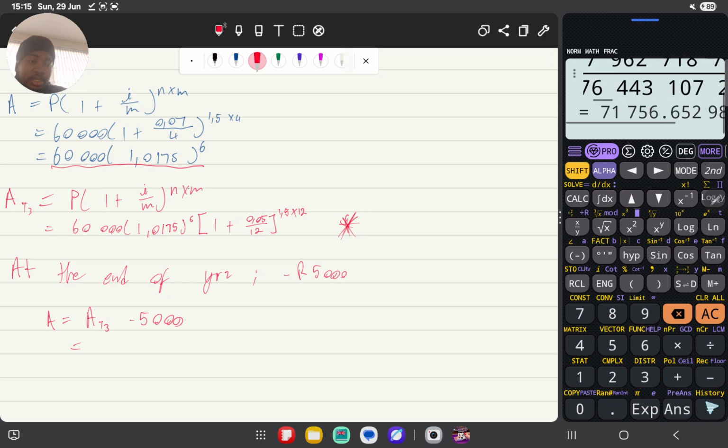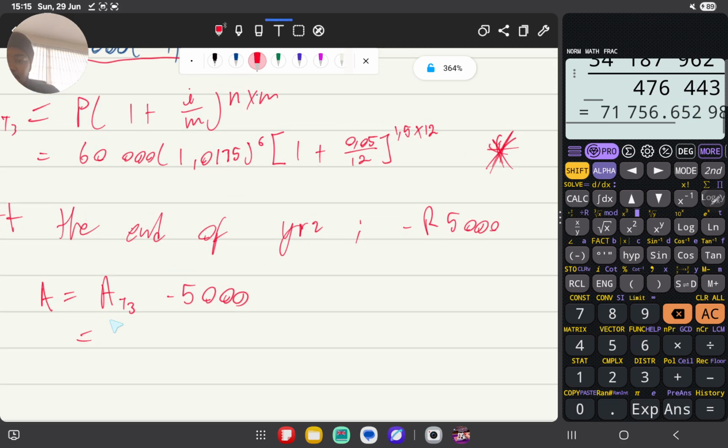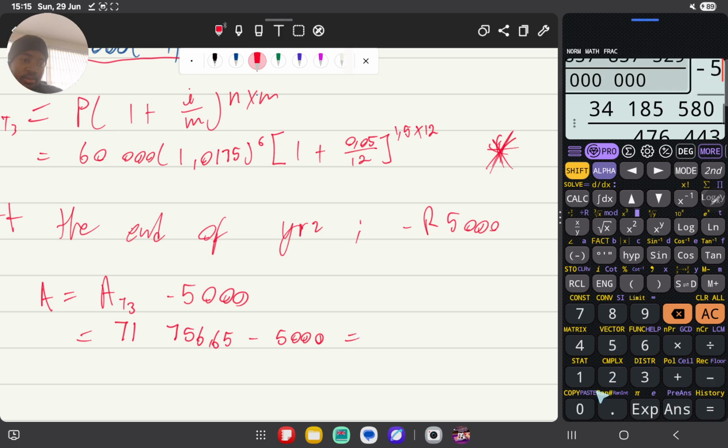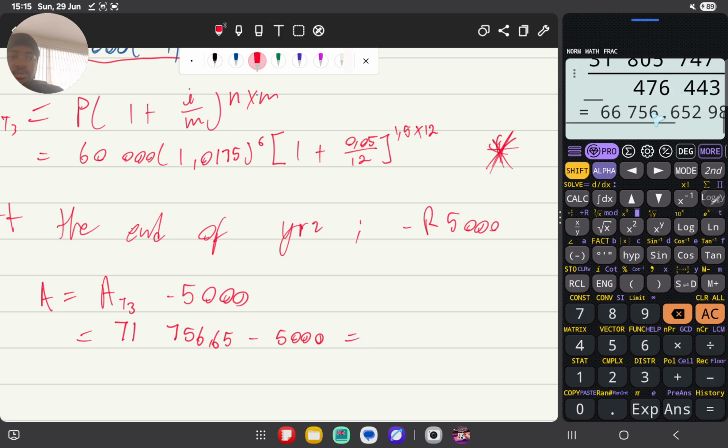The value, or this A3, is 71,756.65 minus 5,000, which is 66,757.65.